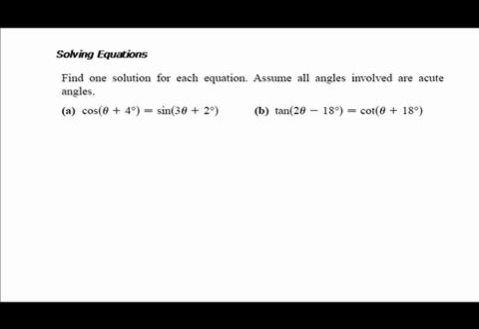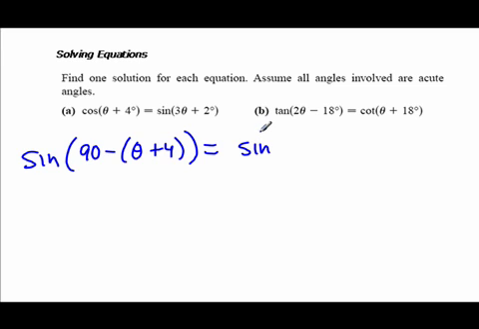So the cosine of this angle in parentheses, right? Theta plus 4 degrees, folks. That whole thing is just a single angle measure. So we know that the cosine of that angle is the same thing as the sine of 90 minus that angle. And now I have the right-hand side of that equation. Did I lose anybody there?